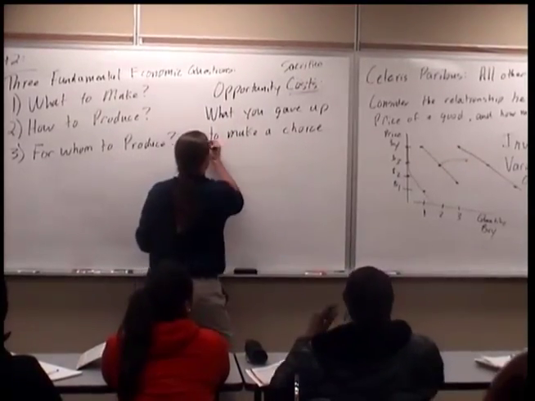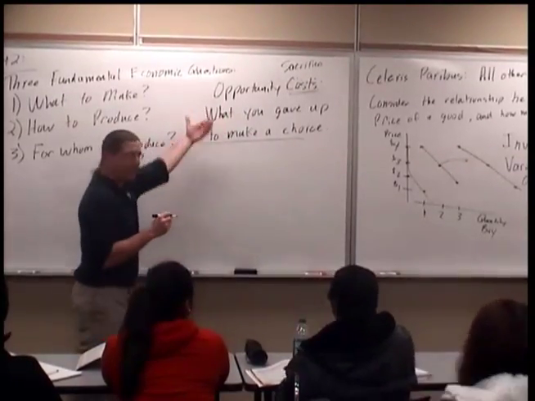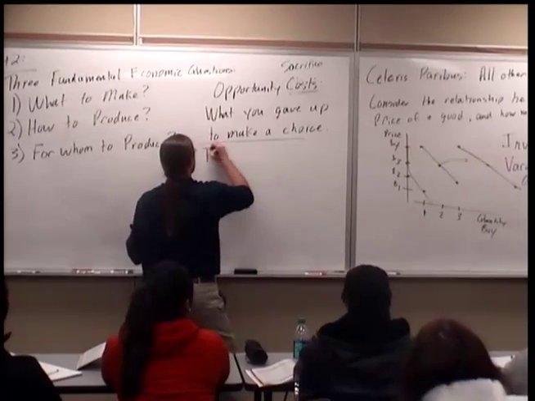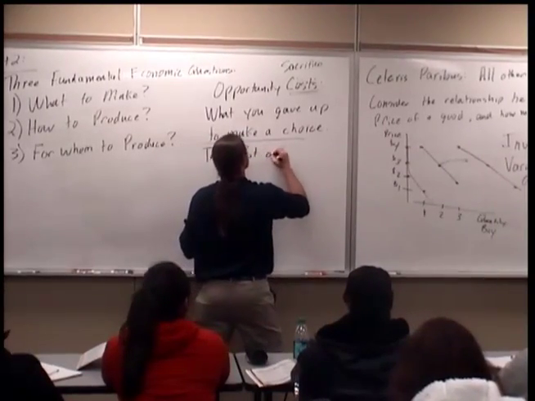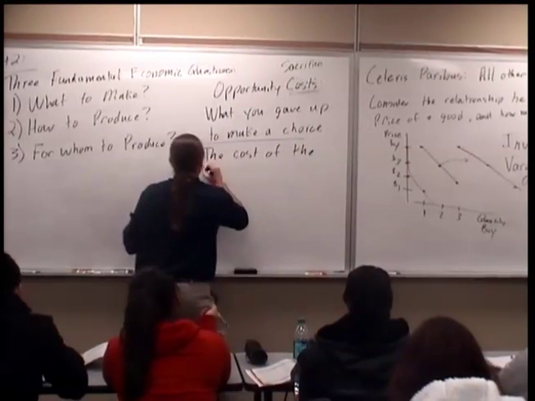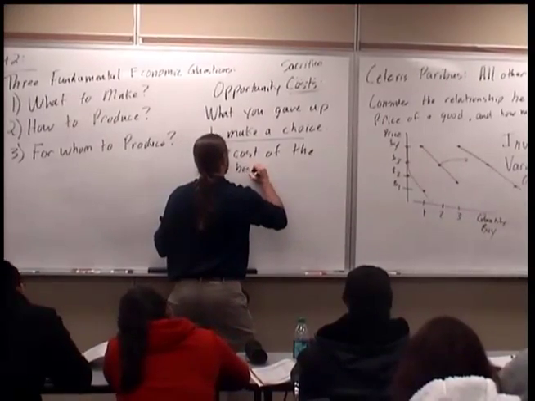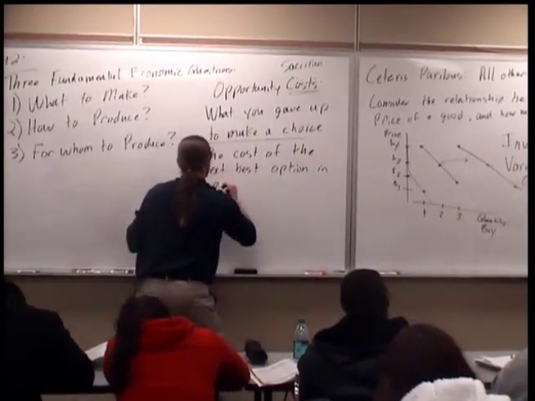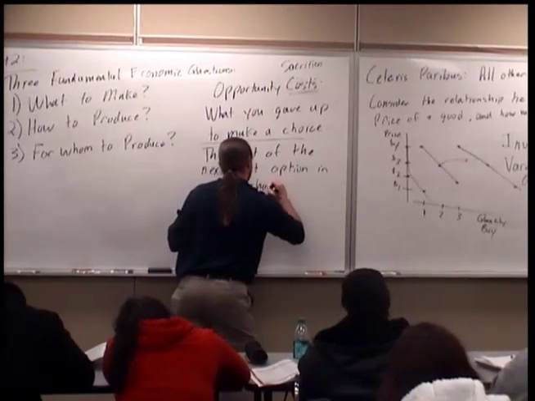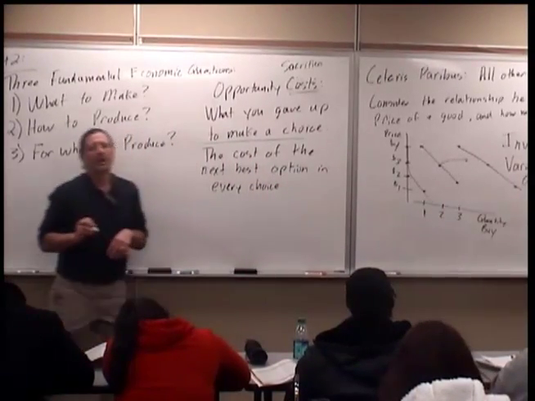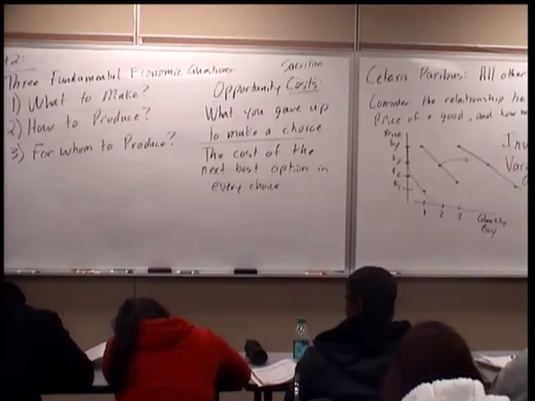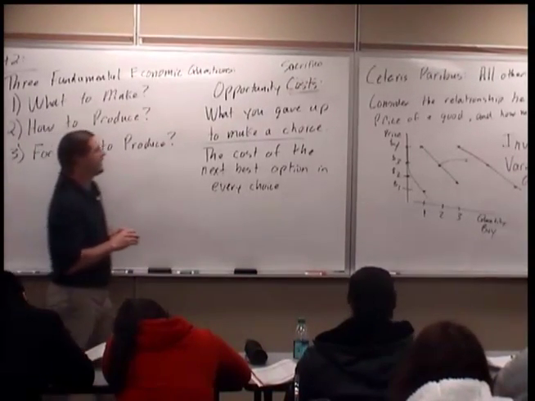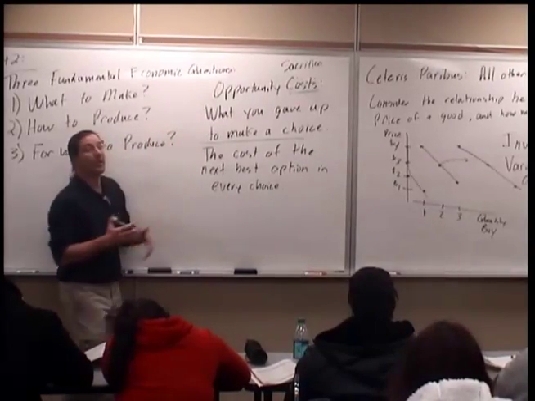All right, so the classic definition of opportunity cost, if you read it in the book, is the cost of the next best option in every choice. That's the way the book is going to describe it, but I like to use a little bit more real definition, which is what you had to give up.